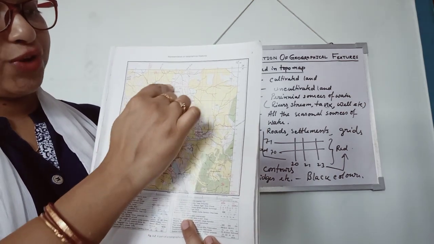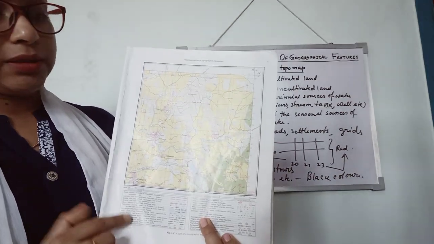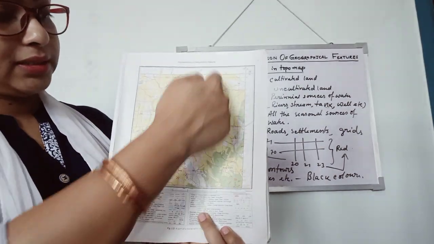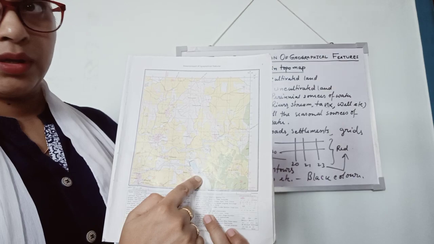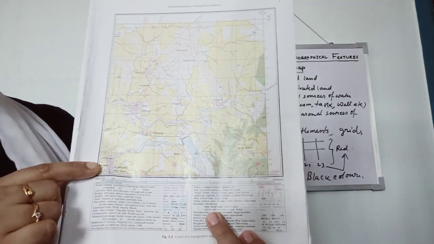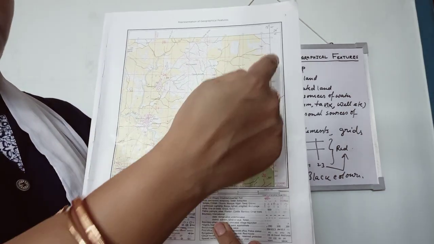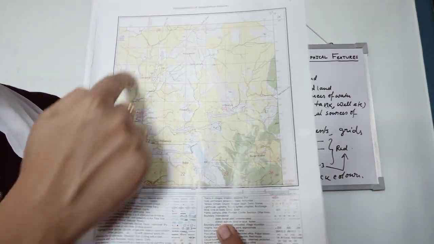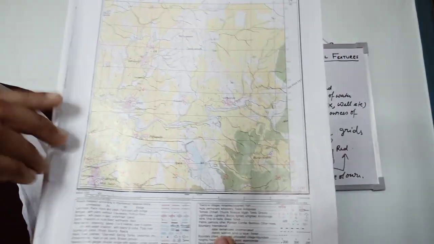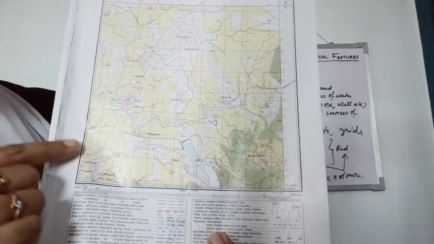Black, these are the streams. So here the black means these are dry. All the grids will be in red color, and all the numbers of the grids are also given in red color.